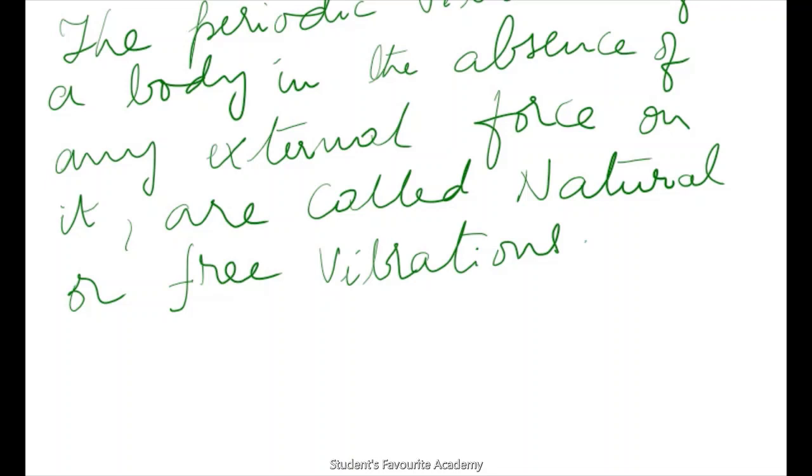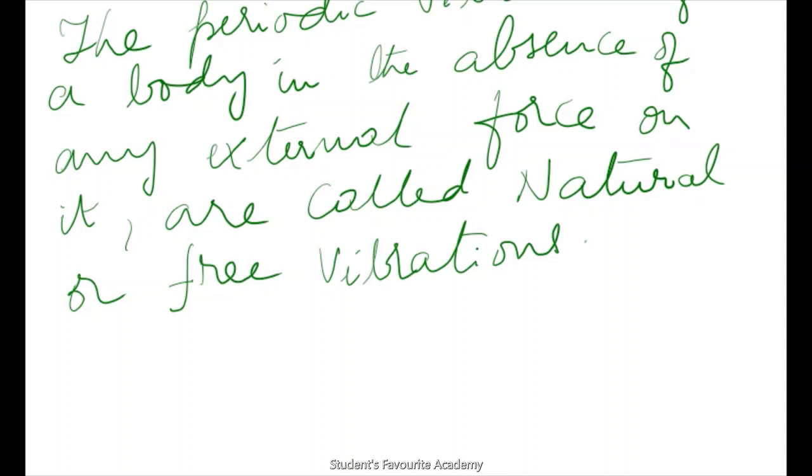The time period of the body is called its natural period and the frequency is called its natural frequency. A body capable of vibrating has a constant natural frequency of its vibration and its amplitude of vibration also remains constant.